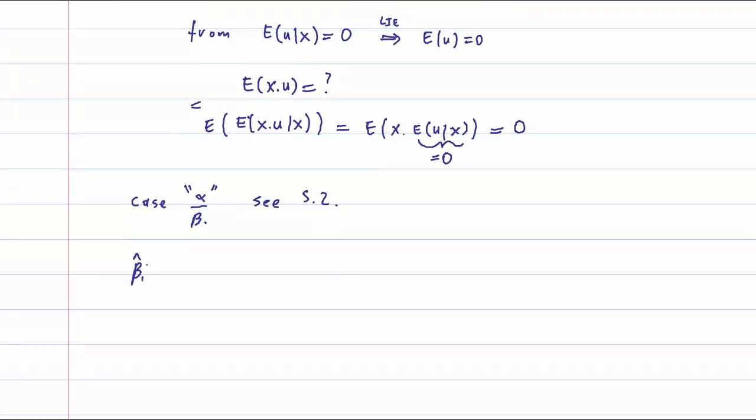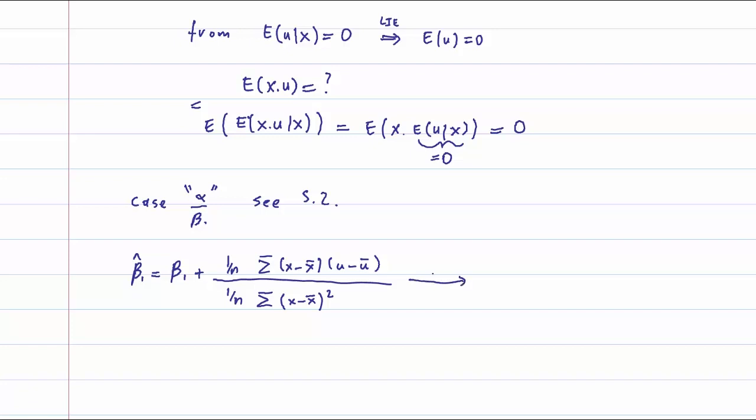So beta 1 hat is equal to beta 1 plus 1 over n, the sum of x minus x bar, u minus u bar, over 1 over n sum of x minus x bar squared, and this converges in probability to beta 1 plus the top part converges to the covariance between x and u, so 0, and the bottom part converges to the variance of x, which is equal to beta 1.